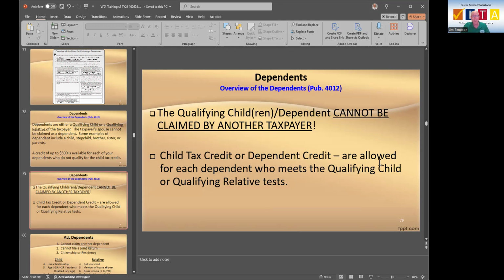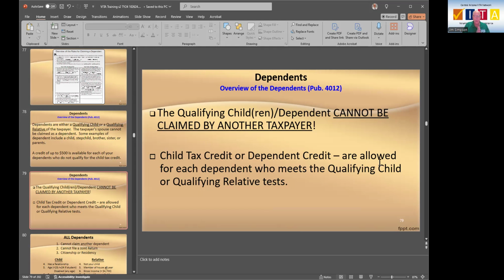Then mom comes in to file it, and the return gets rejected because it's already been claimed on the dad's return, whether or not the dad had the right to claim them. This becomes a problem for us sometimes. There are specific rules, and you're going to know all of these rules in a bit.